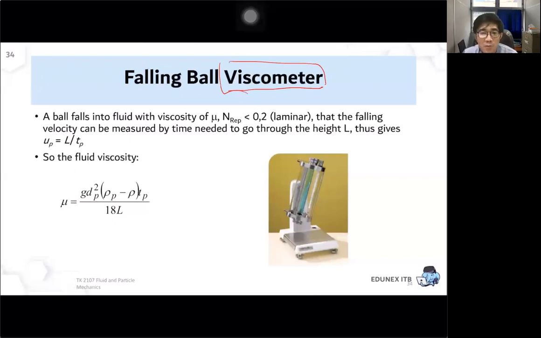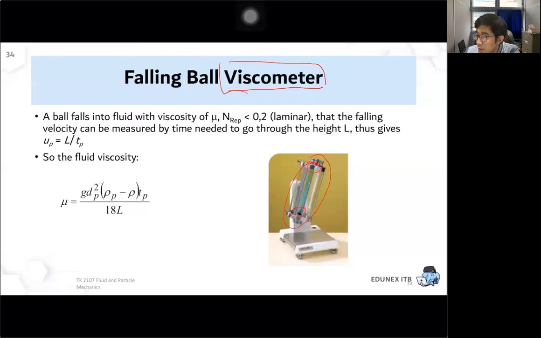Basically, you have a tube arrangement, and you put a spherical ball inside the tube, and then you measure the travel time for the ball from the top area to the bottom area.